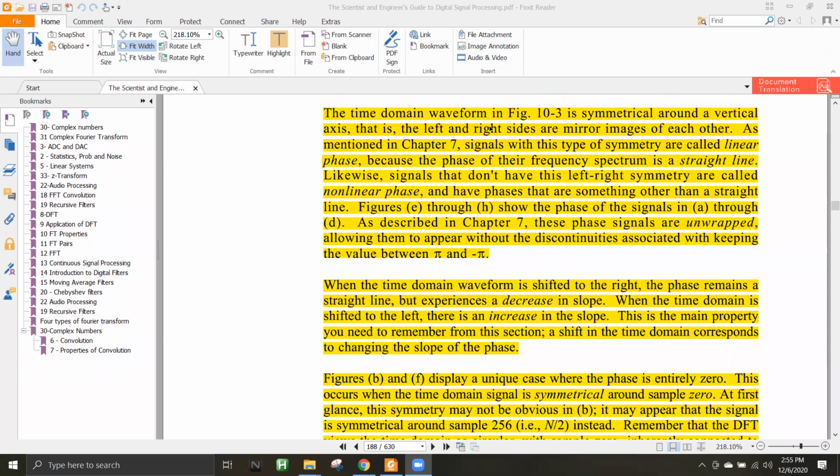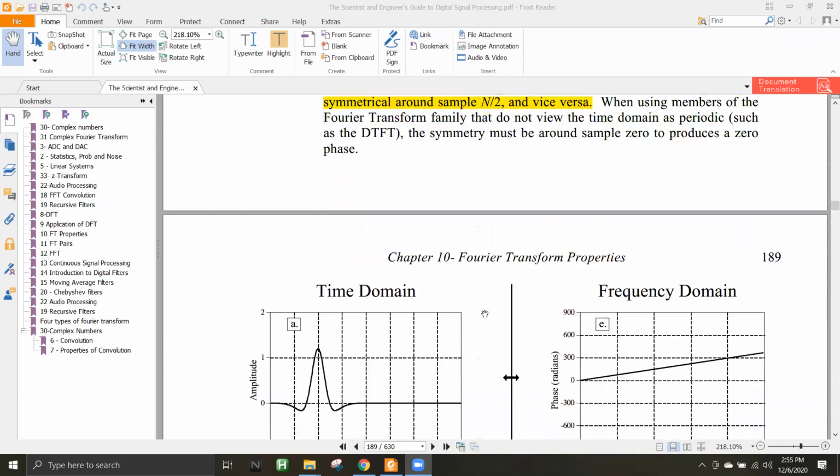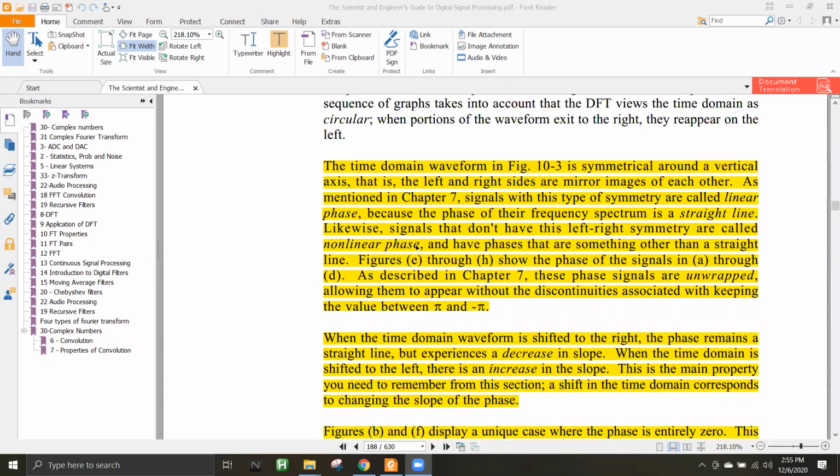The time domain waveform is symmetrical around the vertical axis, and for such symmetrical signals, we would have a linear phase in the frequency domain. This was actually explained in chapter 7, if you remember.